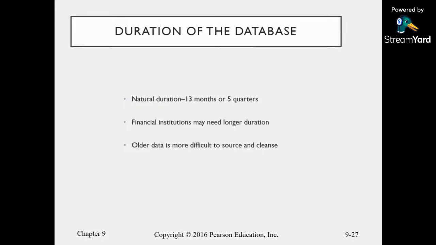Financial institutions may need longer durations, and older data is more difficult to source and clean. So the older the data gets, the more difficult it is to actually source and clean such data.